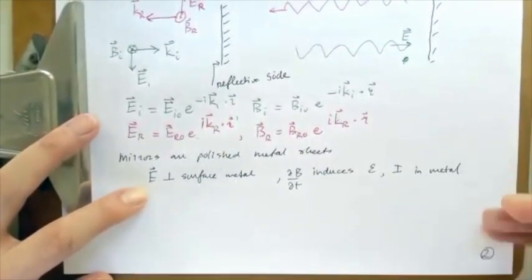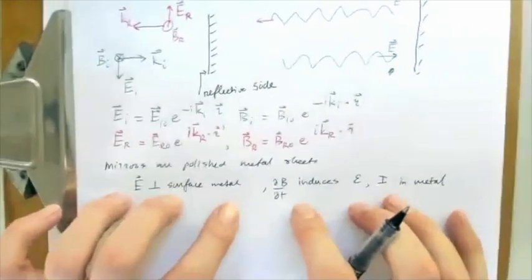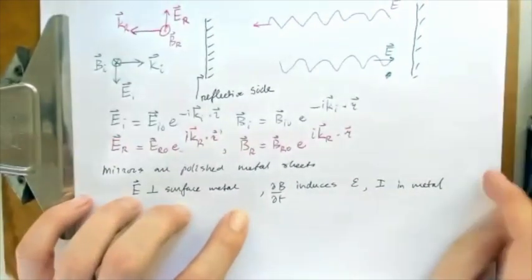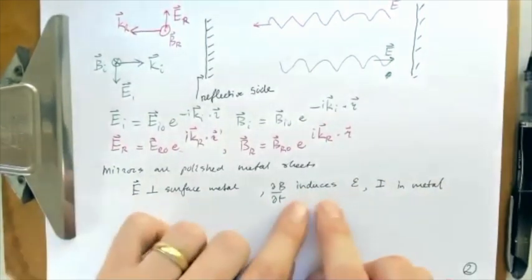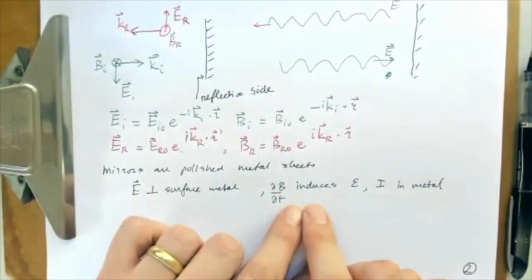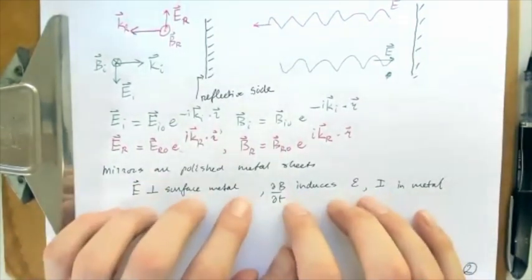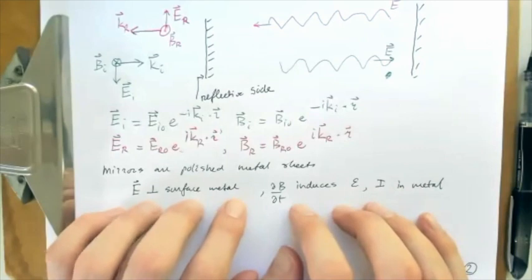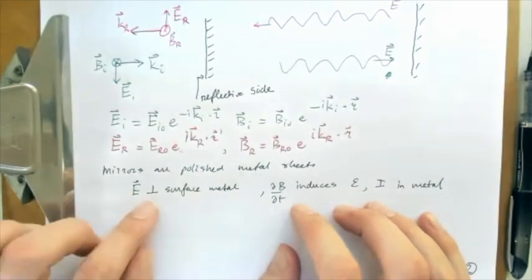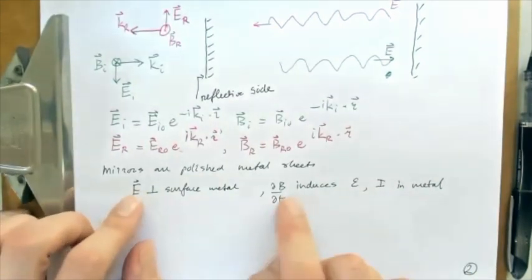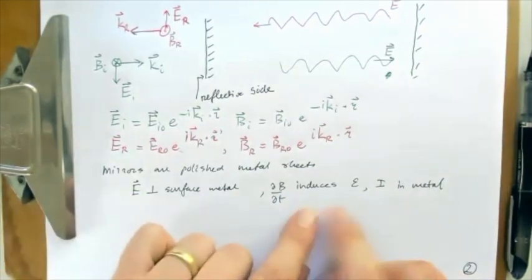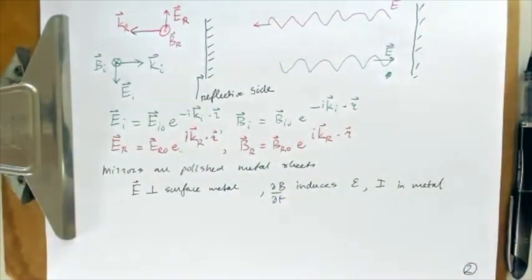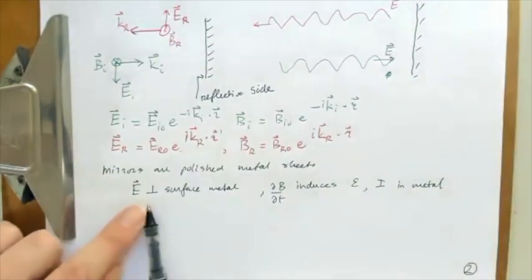These are the two things that happen when an electromagnetic wave interacts with a mirror. This one, it's perpendicular. This one, it induces an EMF. Both are fine to look at, because once we have the electric field of the wave, we know what the magnetic field is. We can use this description to figure out what's happening in the process of reflecting electromagnetic waves, but we can also use this one, and both are equally fine. But the easiest one to use is this one.